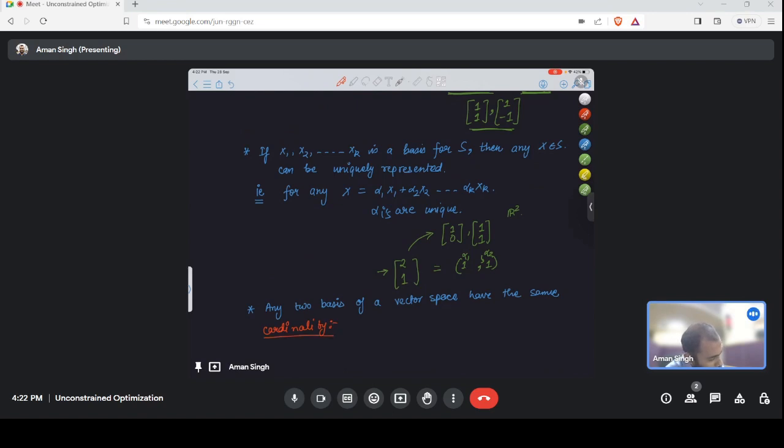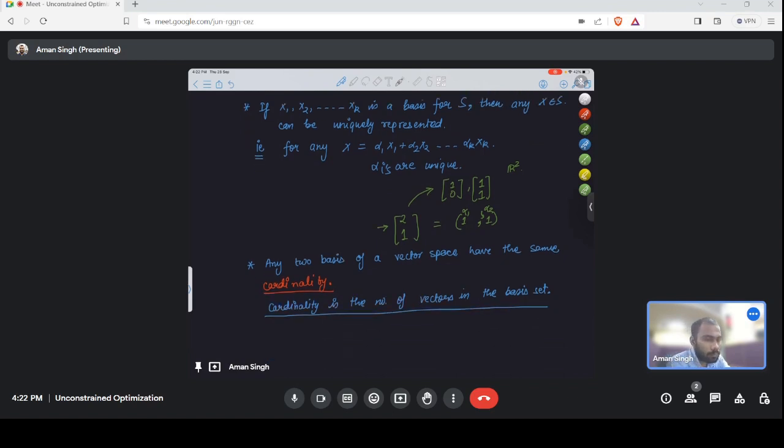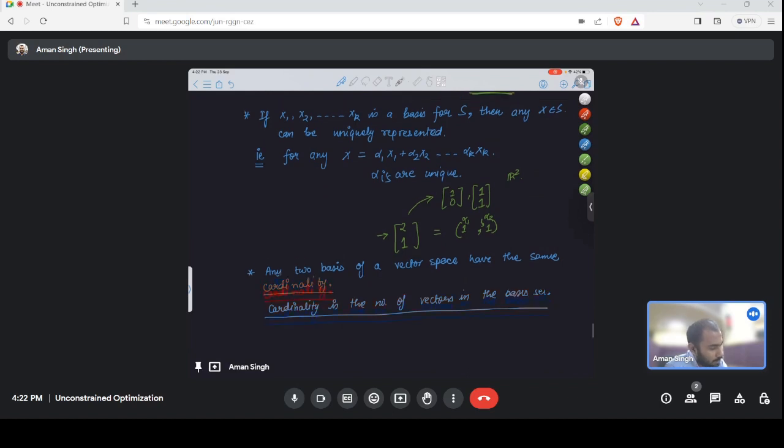Let me first define what cardinality is, and then I'll explain this property. Cardinality is the number of vectors in the basis set.